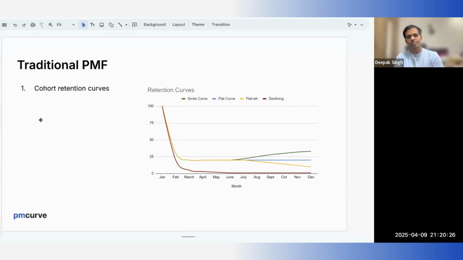But if the curve was declining or hitting zero at some point, you knew that you are going to keep losing users one by one every month, and then you will have to fill all users all over again over these months, right? So the growth will not be compounding. The growth will go up to a certain level, and then you'll always need capital to add more growth.